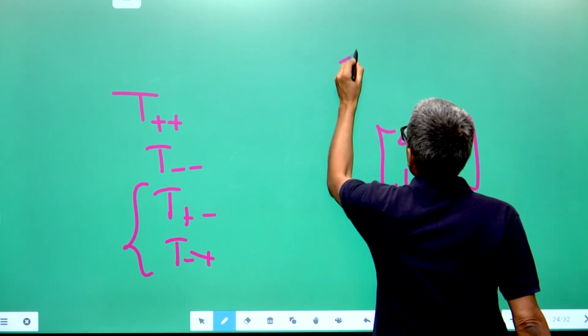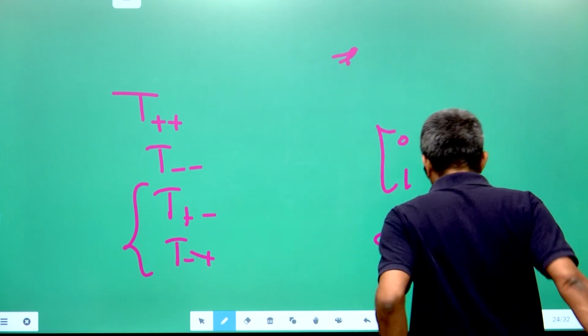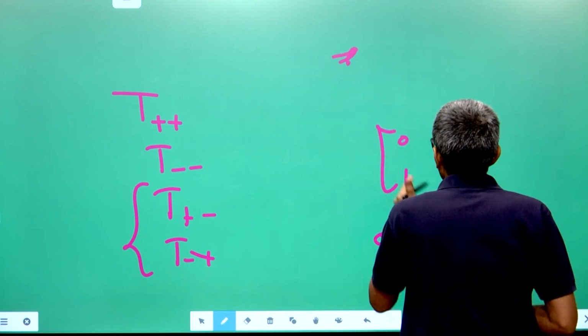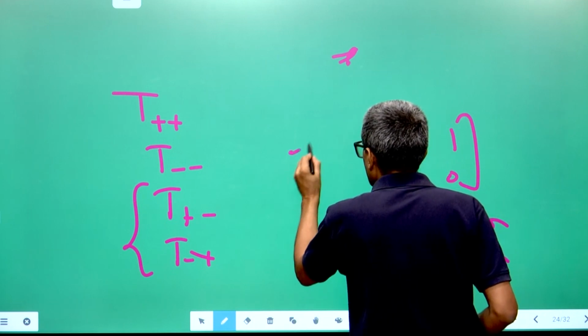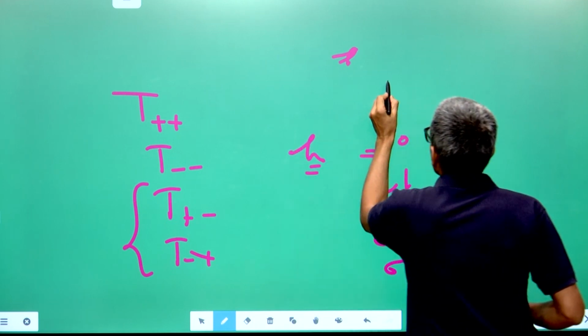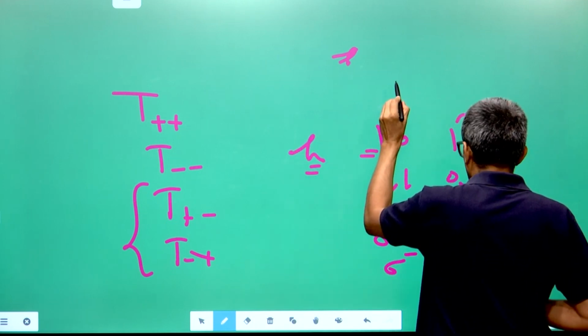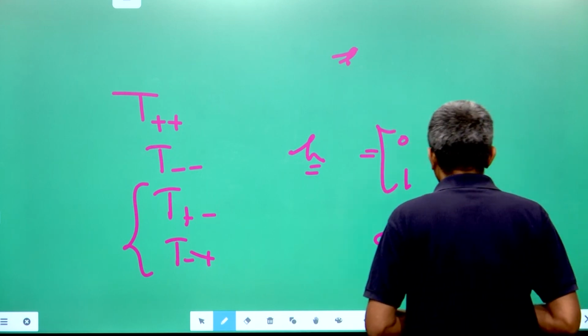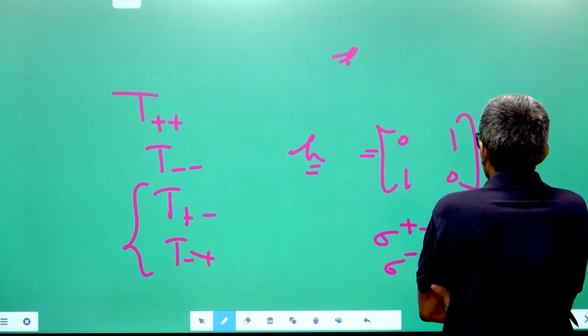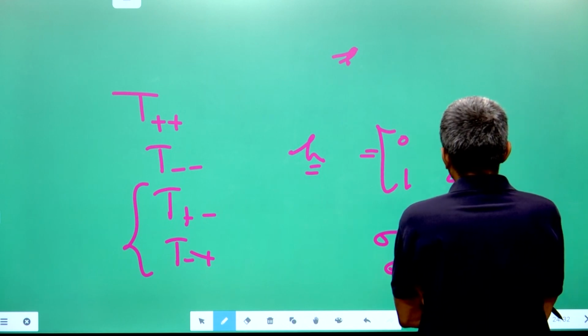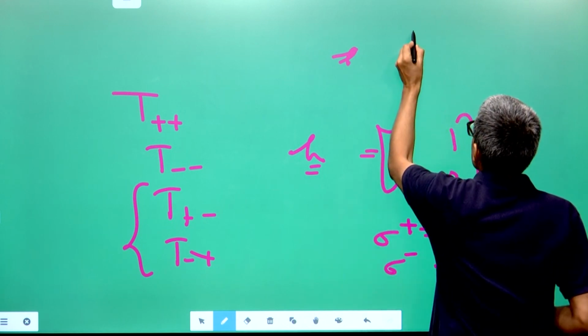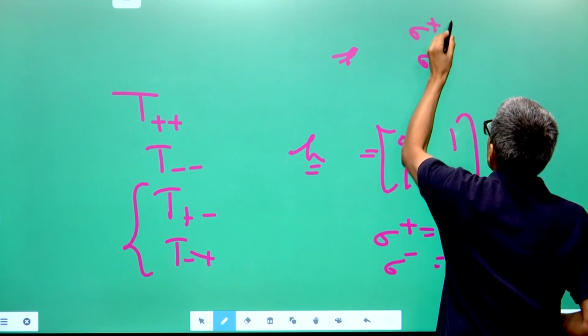So if you look at this metric, if you call this matrix H, then you require that... So σ^+ and σ^- are the light cone coordinates.